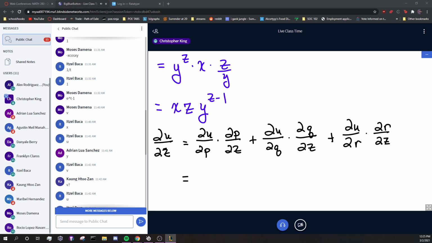Okay, so if we look at this, the first one we know is going to be e to the qr divided by the square root of 1 minus p squared.